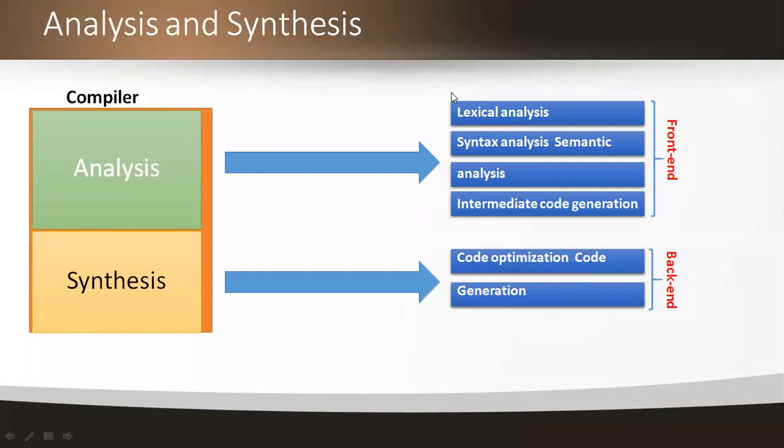The constraints we have to take into account are a time constraint and a space constraint. By improving the time and the space, we automatically improve the efficiency of the target code.